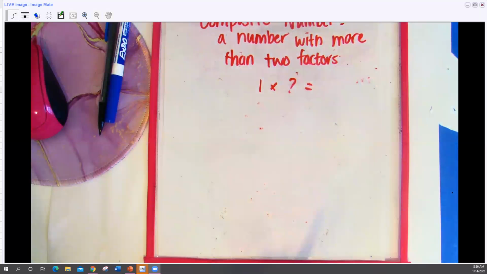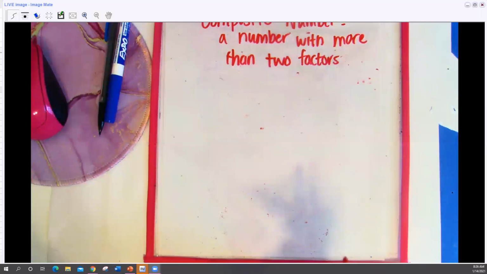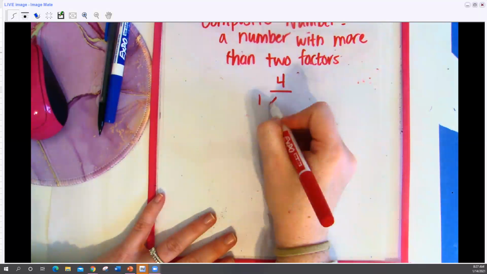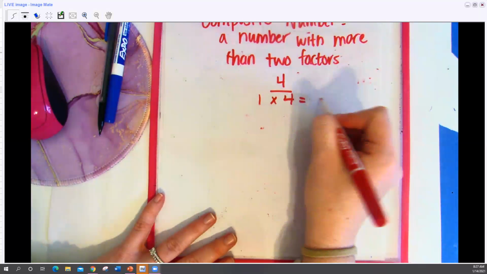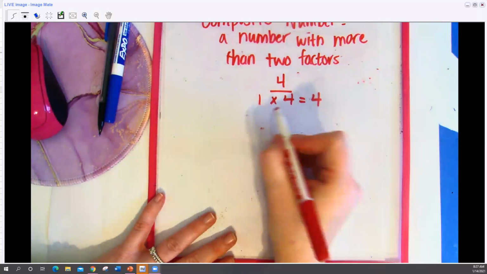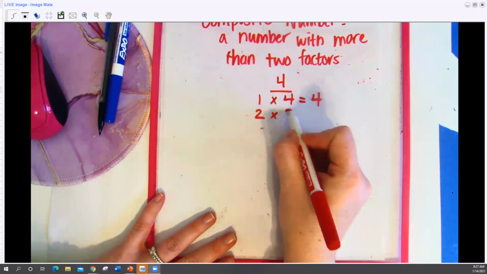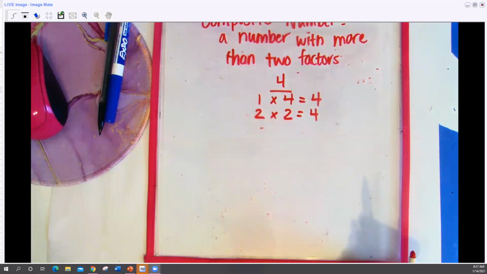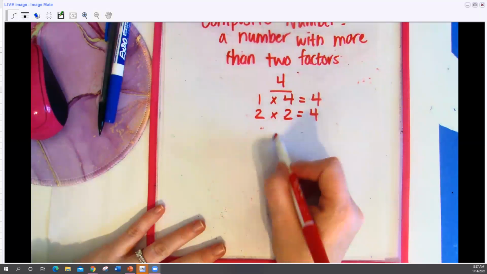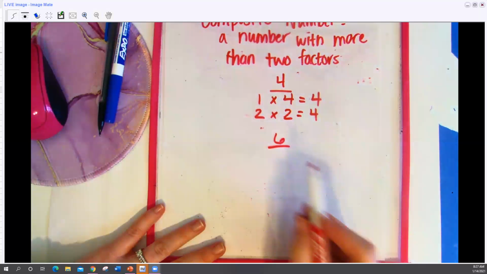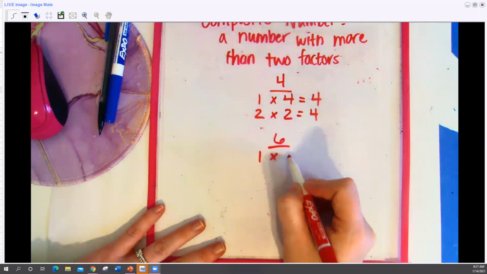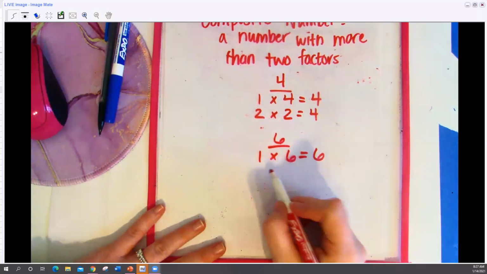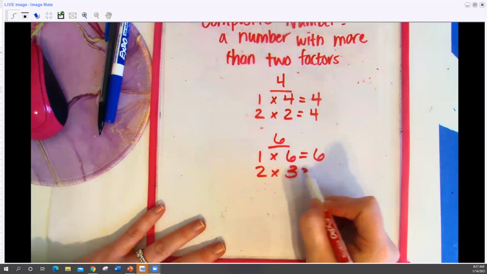So we already said that the number 4 was composite because there was 1 times 4 and 2 times 2. We also know that 6 is composite because you can do 1 times 6 to get an answer of 6, or you can do 2 times 3 and get an answer of 6.